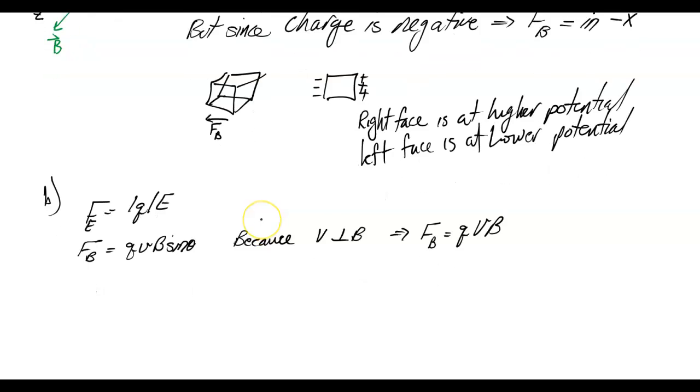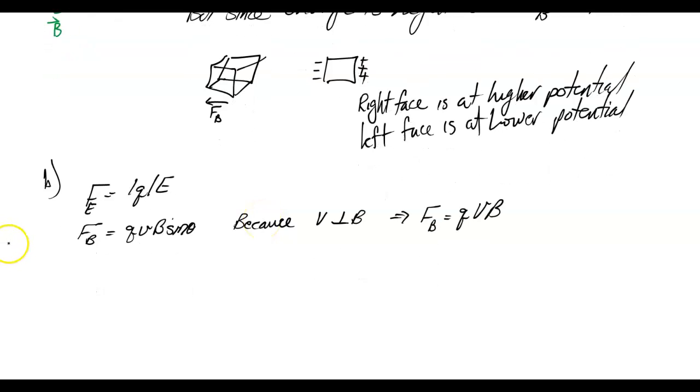So the potential is given by the electric field times the distance, and the electric field itself is given by, if we look at this equation, we have QE equals QVB.